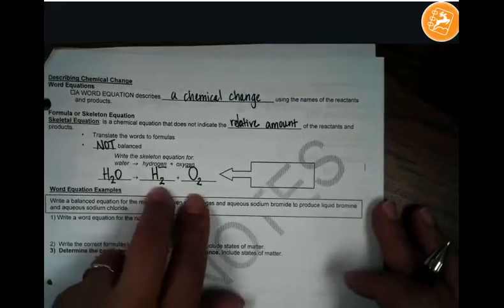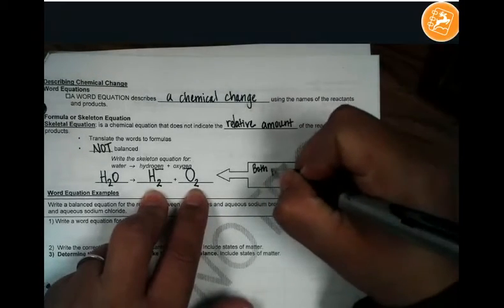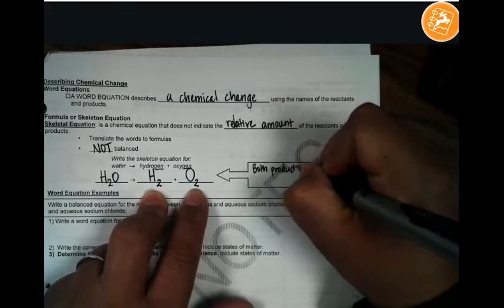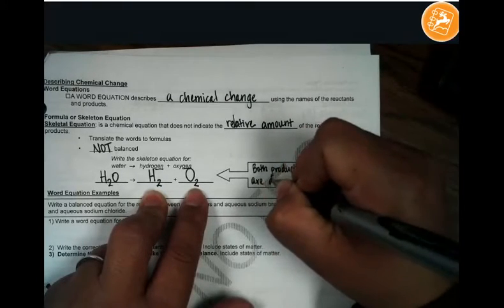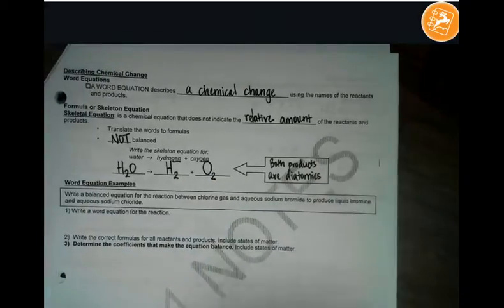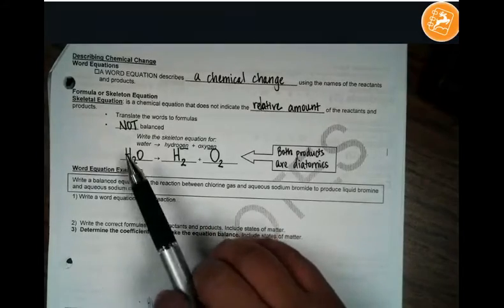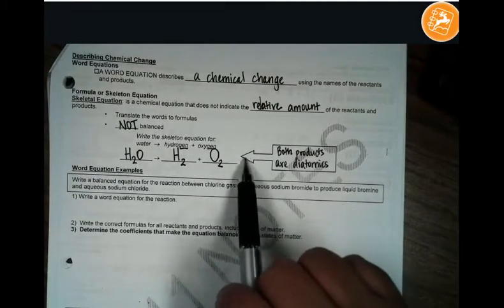If I fail to recognize that these two are both diatomics, I'm not going to have the right formulas, and that's going to get me the wrong answers for balancing. Okay? So this is a skeletal equation because it's not balanced yet.